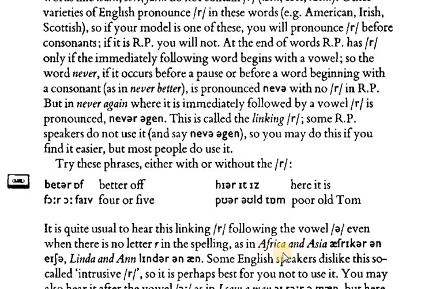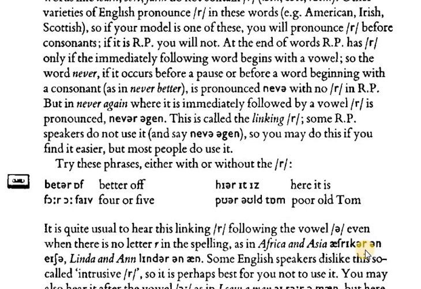I have no ra at the end of the word Africa. ما عندي را في نهاية كلمة أفريكا لكن ممكن أنه تسمعها فتسمع الكلام Africa and Asia. صوت الراء اللي نسمعه ضمن عبارات هو ما موجود أصلا.